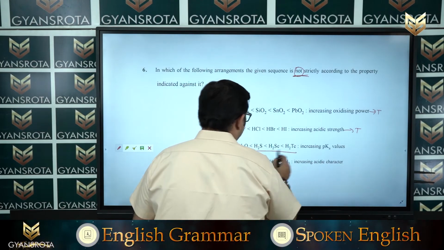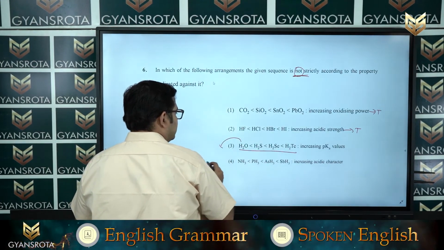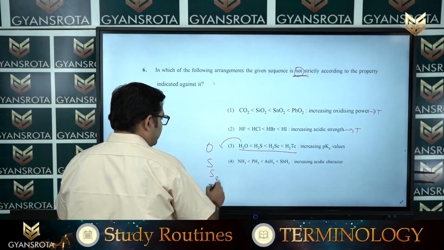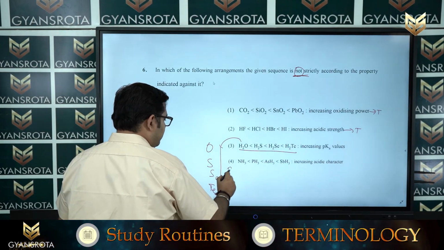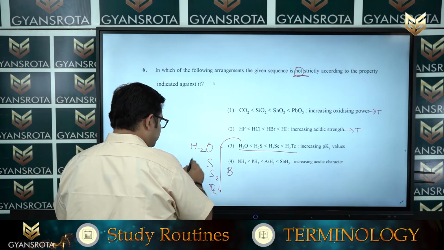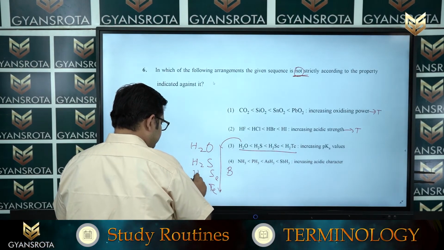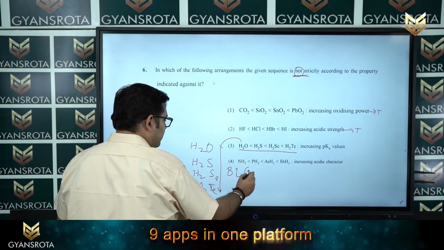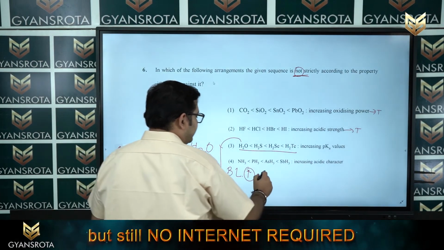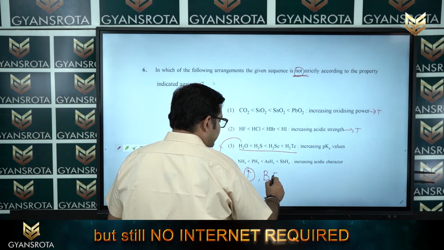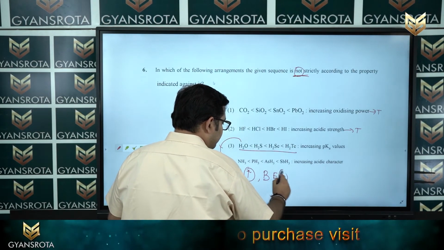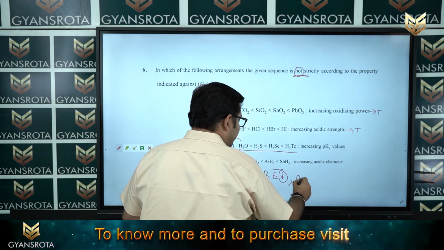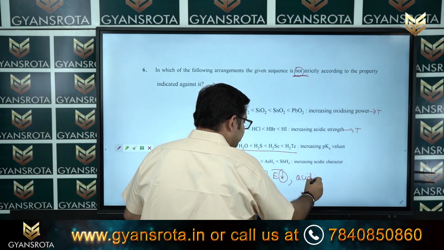For this, remember the old style trick: down the group, the bond length with H increases. When bond length increases, bond energy decreases. When bond energy decreases, acidic strength increases.